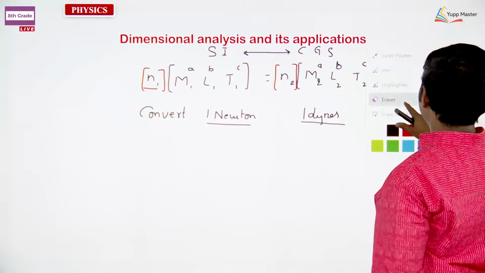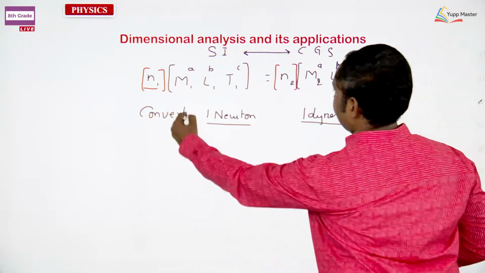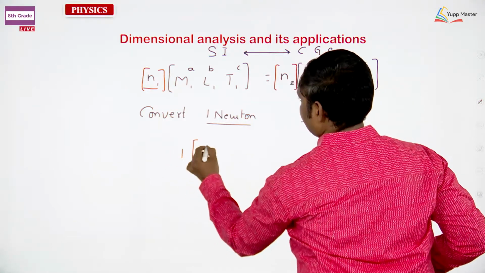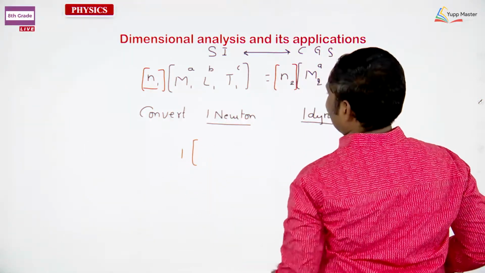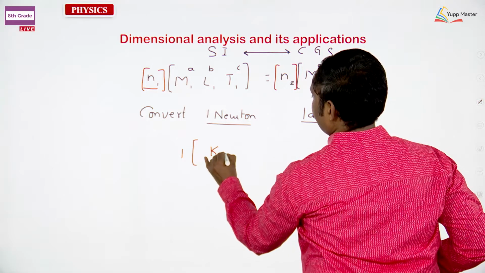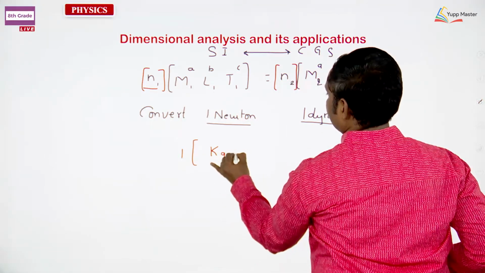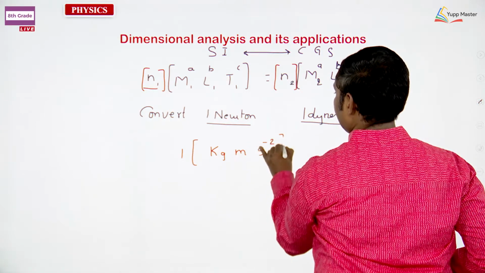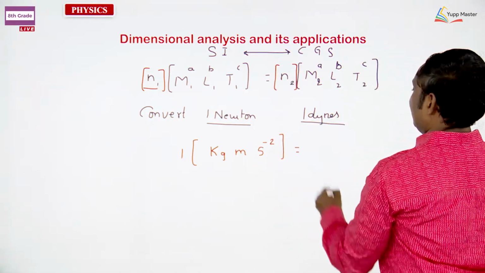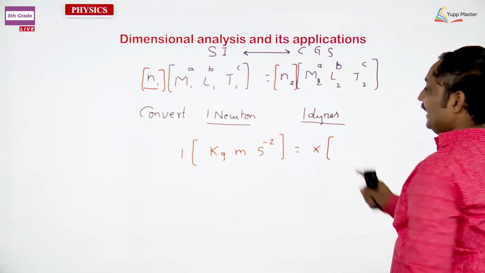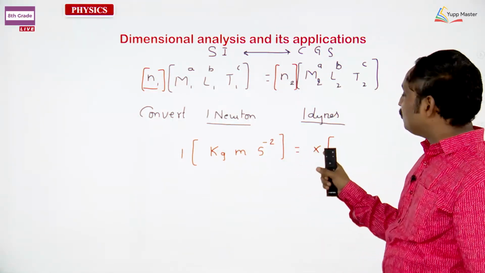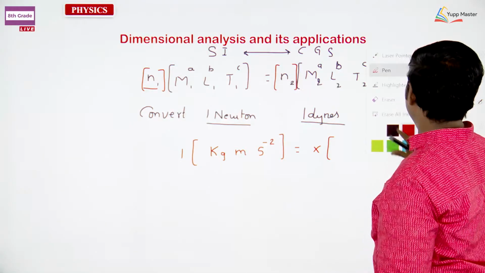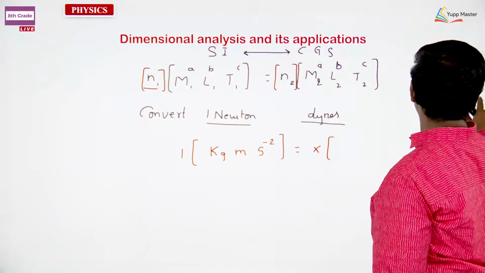you have taken, yes, you can take 1 Newton. You can express that its mass is going to be kg, length meter, and second square. We can take that x, we do not know that value, it is going to be x dynes. 1 Newton is equal to how many dynes?